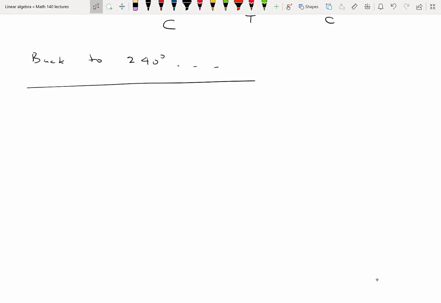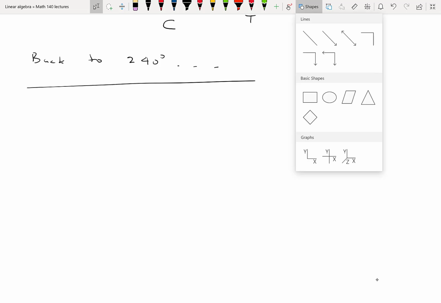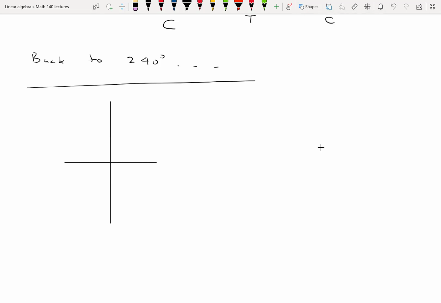Well, if we were doing this the absolute long way, like from the very beginning of our lecture, we would graph 240 degrees. 240 degrees is 180 degrees plus how much more? Plus 60.